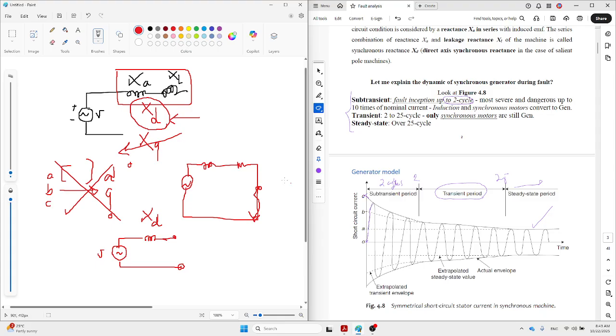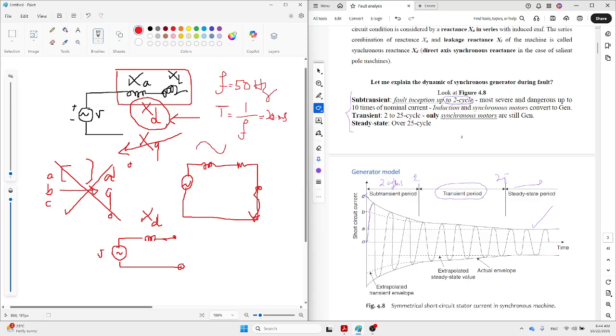Okay. Another important thing I have to mention is, what is the meaning of two cycle? The frequency of the power system in Malaysia is 50 hertz, correct? Then the period of a full sine waveform from 0 to 2 pi is 1 over frequency, which is 20 milliseconds.